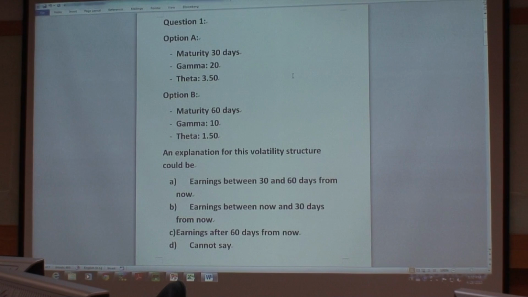And the question is, given these two options and their Greeks, looking at gamma and theta and looking at the different maturities, can I say something about events I expect within the next 30 or within the next 60 days?